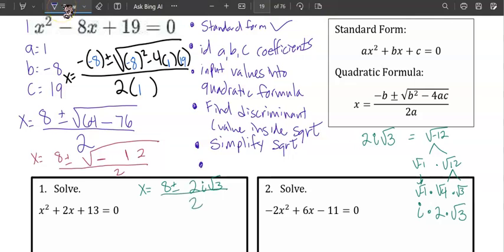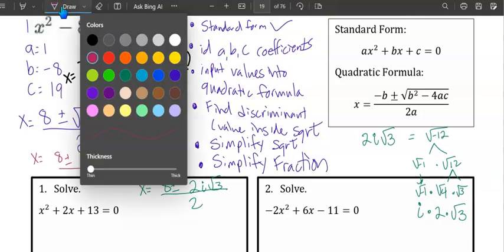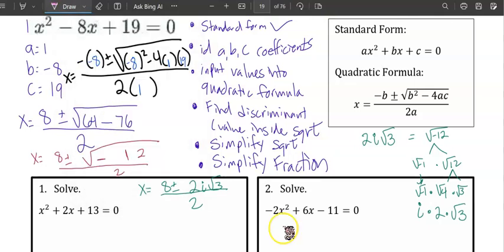Okay, the next step is to simplify the fraction. So we'll draw a heart. The number you can divide out of all three of these numbers, 8, 2, and 2 is 2.